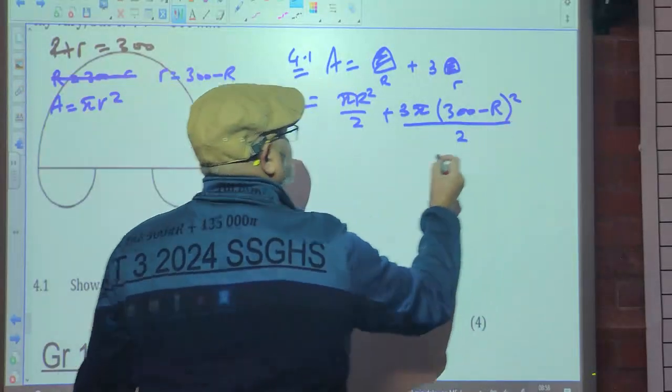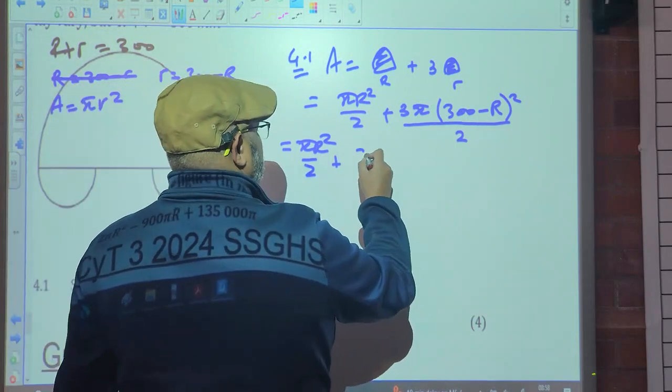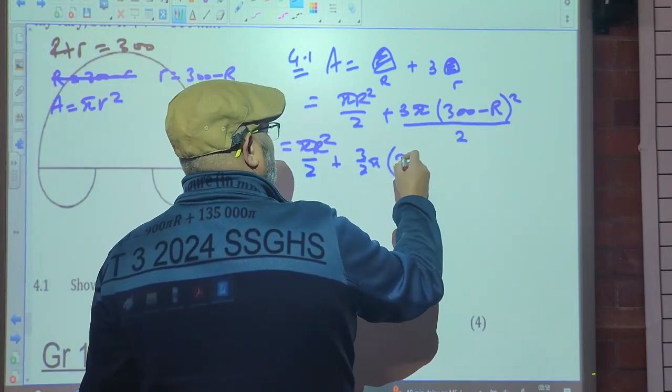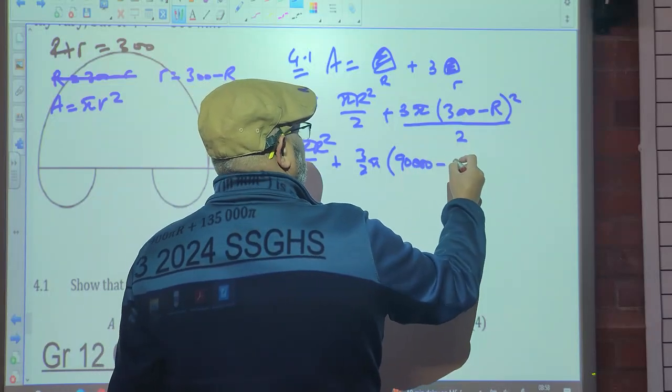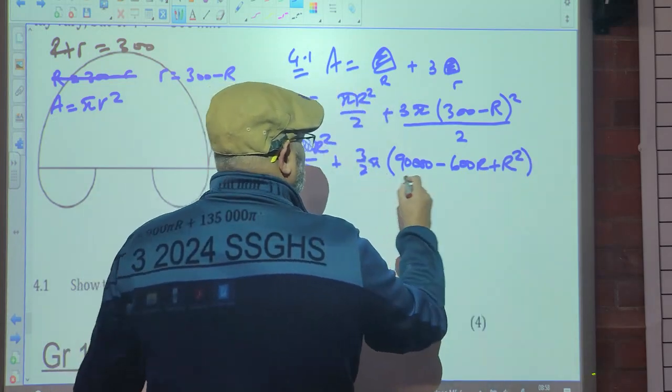Okay. So what happens is you've got pi R squared over 2 plus 3 over 2 pi, and I square this out. 300 squared is 90,000 minus 600 R plus R squared.